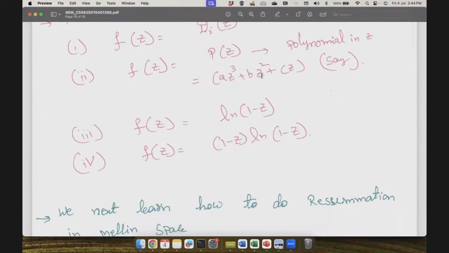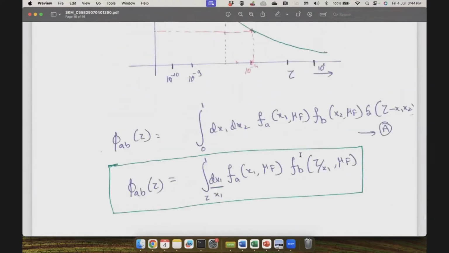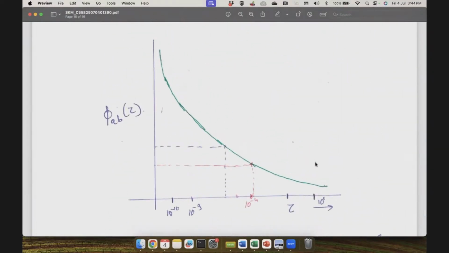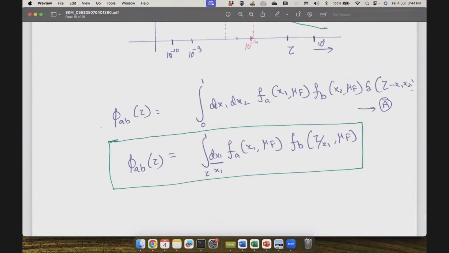You can also try other types of functions, simply taking log of 1 minus z, or 1 minus z times log of 1 minus z. So here if you see this, the fluxes, whatever I have plotted here, the definition of the flux is this thing. Basically, you are taking an integral of parton distribution functions with some kinematic constraint. That kinematic constraint is inherently this condition, where x1 and x2 are the integration variables, and this is what we call a convolution.